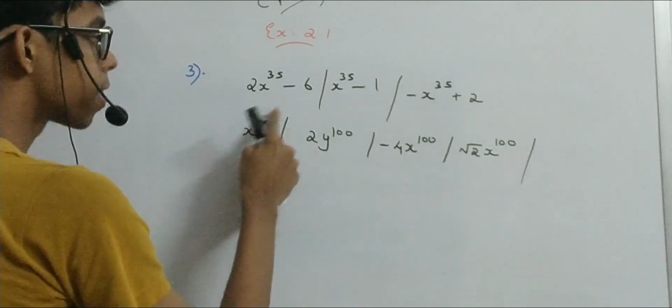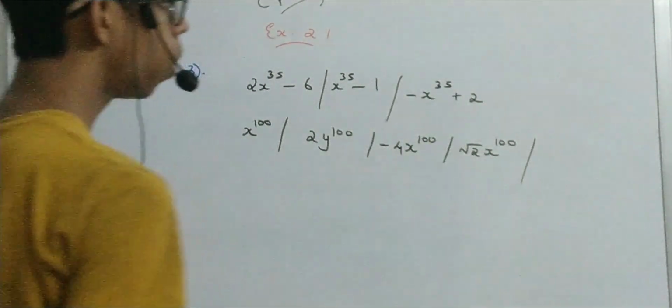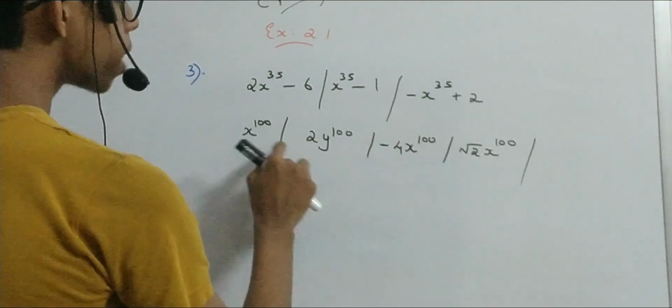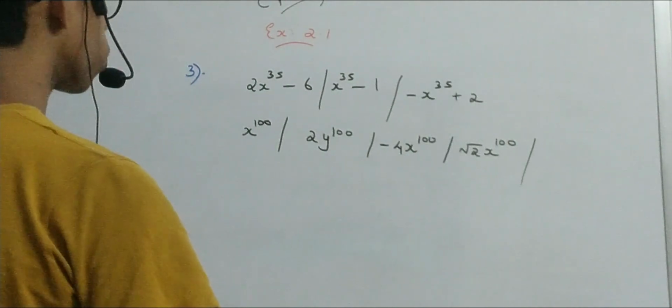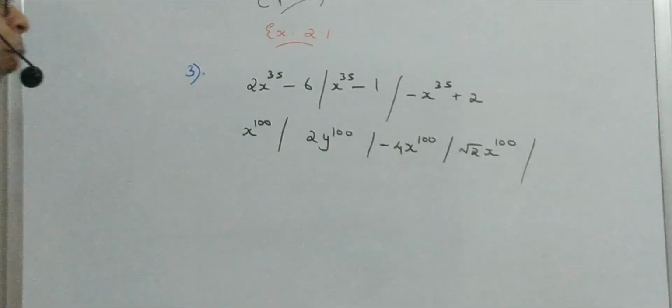For example, x raised to 100, 2y raised to 100, minus 4x raised to 100, root 2x raised to 100. All these have one term and the degree. Degree means the highest power of the variable, which is 100. So these are a few examples for a monomial with degree 100. You can also write your own examples for the exam. Okay, I hope it is clear.